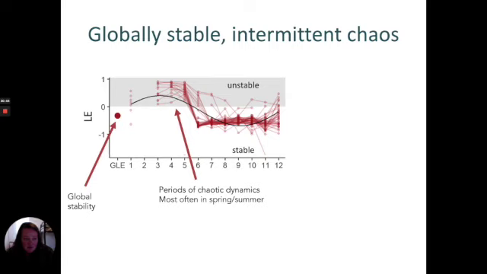So that's the new part that we were able to pull out of these time series data. It's this time varying stability, so these periods of chaos and periods of stability.